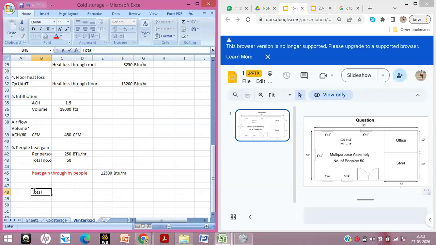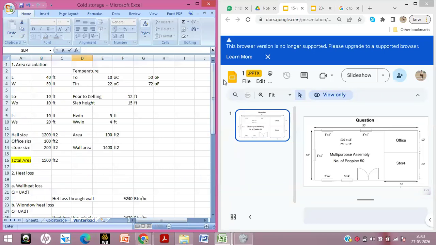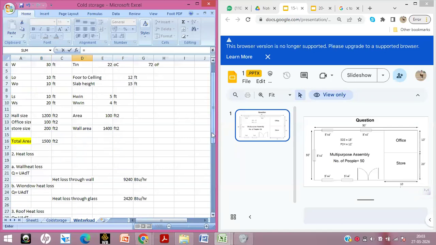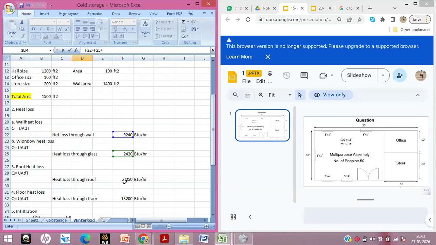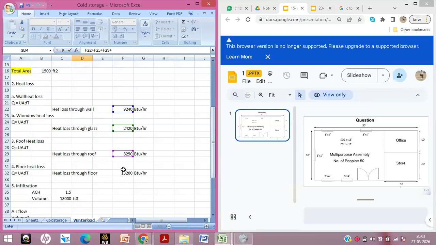Total heat loss will be equal to heat loss through wall plus heat loss through glass plus heat loss through roof plus heat loss through floor.